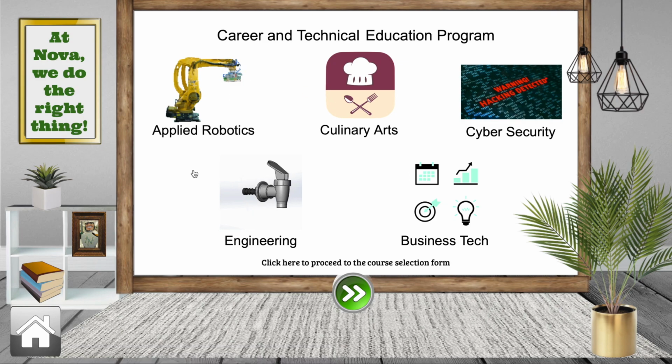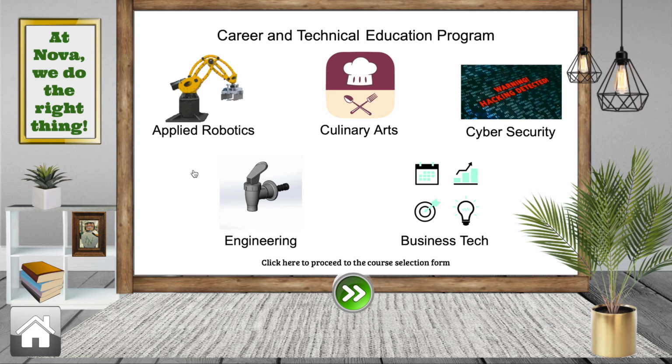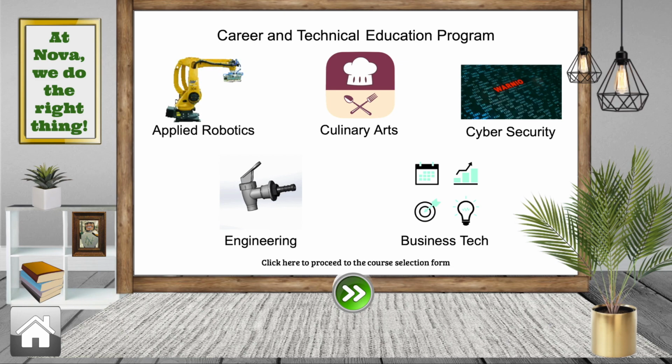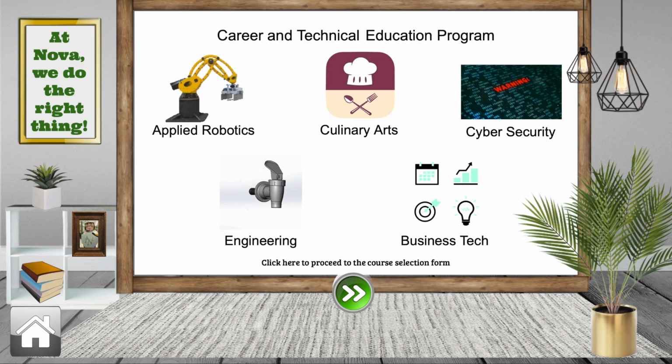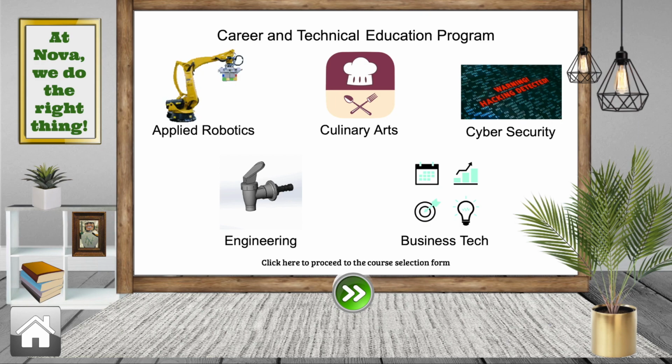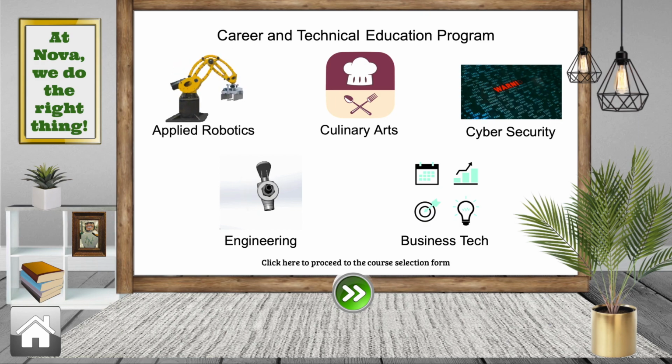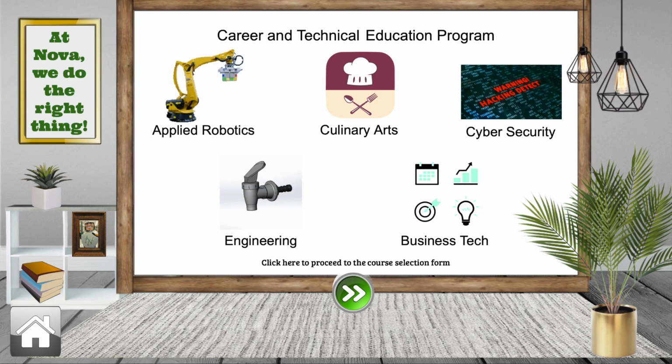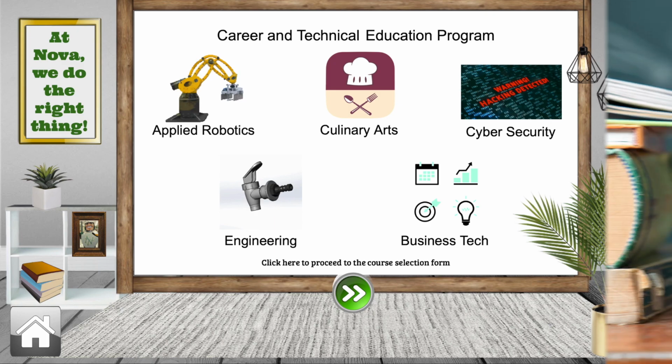I entered the Applied Robotics program, where I learned about different Microsoft applications, coding, and creating actual robots. Besides the educational benefit, I also got certifications in Microsoft, and I'm currently working on one in AutoCAD, which opens the door to get a job in tech straight out of high school. I really urge you to use these resources when picking your courses for next year. Nova really provides so many ways to achieve any passion you have.